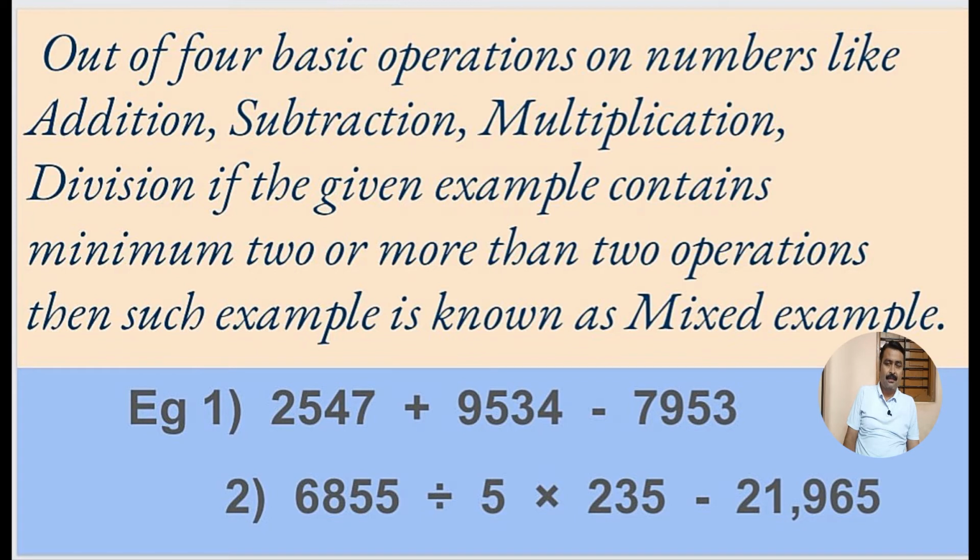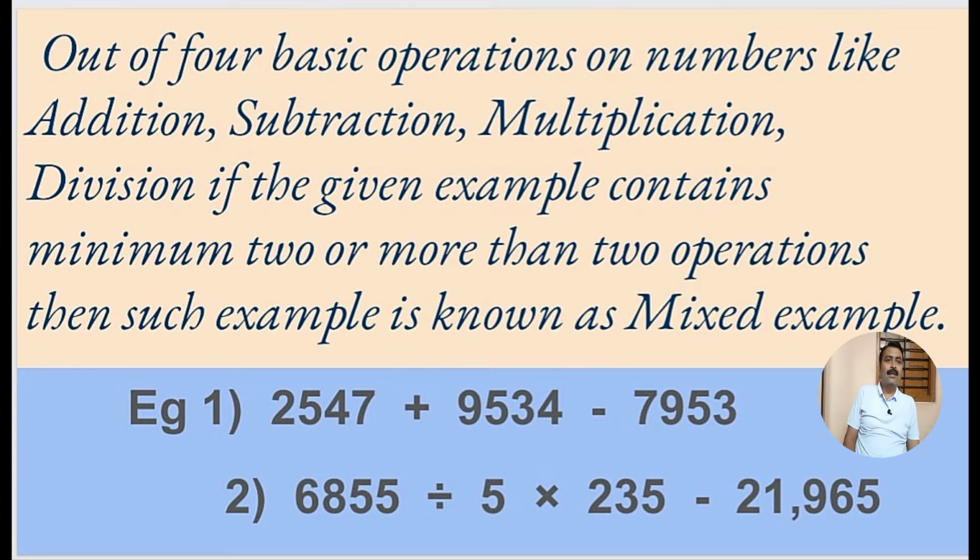Let's continue the definition. Out of the four basic operations on numbers, like addition, subtraction, multiplication, division, if the given example contains a minimum of two or more than two operations, then such an example is known as a mixed example.